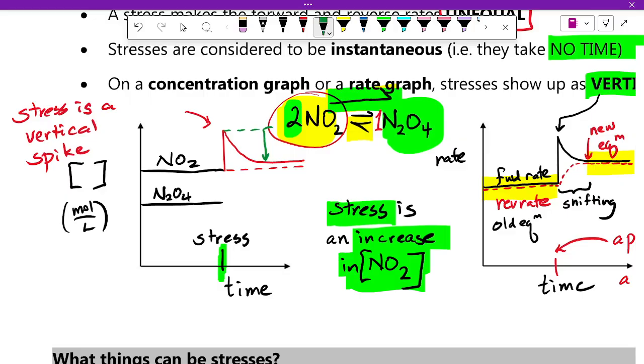Half of that, because for every 2 NO2, you only make 1 N2O4. The ratios again. So if this is going to be a 2x value, that little line there, then this is going to go up by 1x.